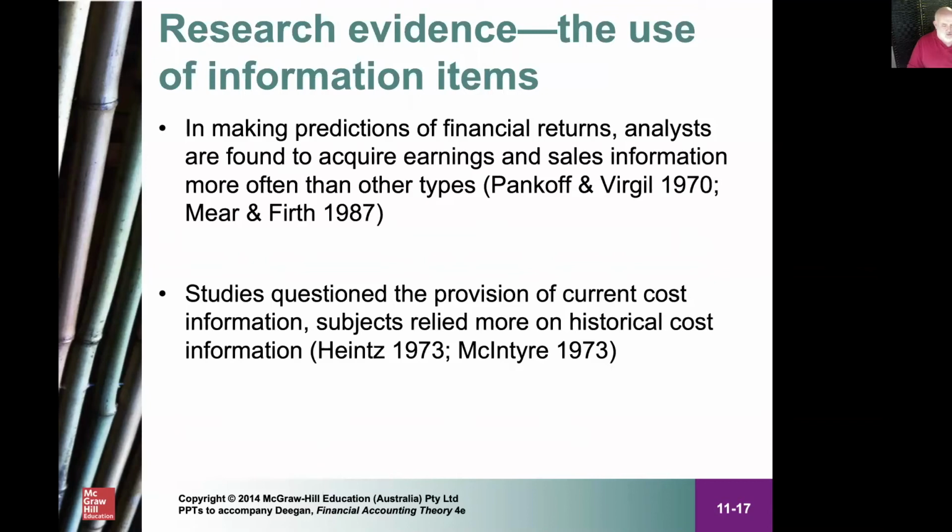A couple of weeks ago, we talked about historical cost versus fair value. Now, this was a really big issue during the 1970s. The reason it was such a big issue in the 1970s is we had really high levels of inflation, and a lot of people felt that historical cost wasn't really that useful. So they did a number of studies and they questioned the provision of current cost information, similar to fair value.